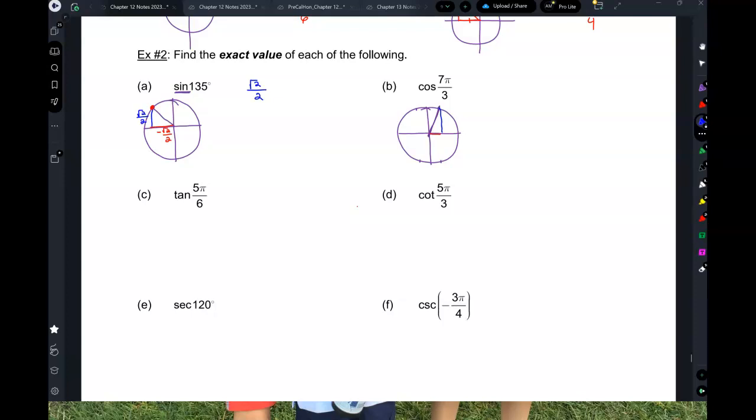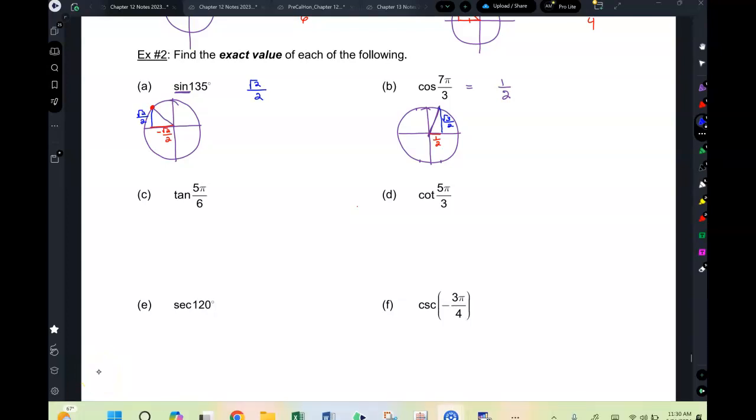So the cosine of 7 pi over 3 is just a half. In other words, to get to that point, I go horizontally a short distance of a half, vertically root 3 over 2. So since cosine is the horizontal, that's a half. Okay, now I'll take 1 or 2 questions before I move on.